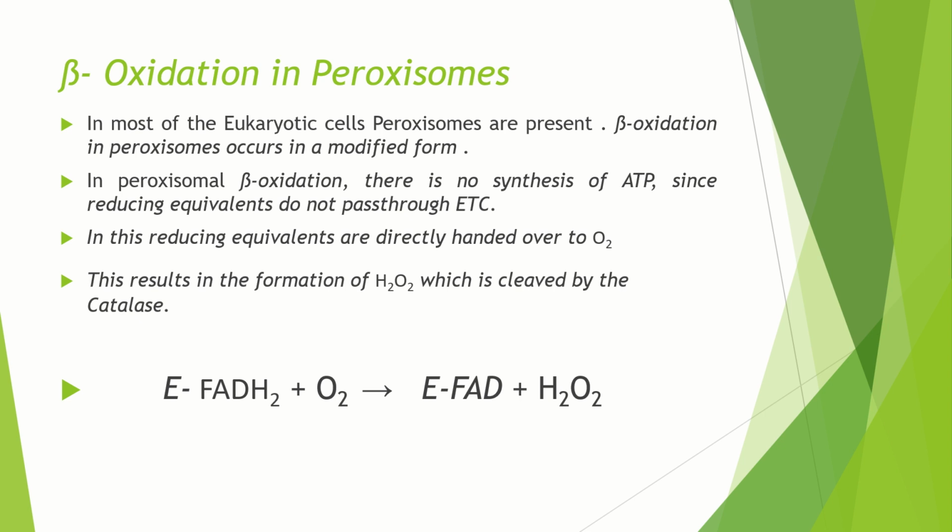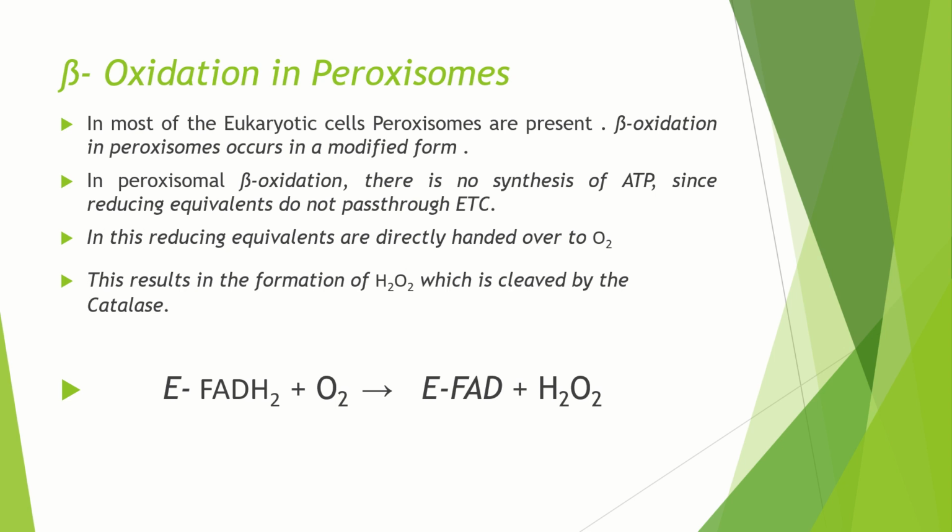Here we won't find any ATP synthesis, because reducing equivalents, whatever are produced, do not pass through the electron transport chain. When the reducing equivalents pass through the electron transport chain, they generate ATP. But here in peroxisomal beta oxidation, they don't pass through the electron transport chain, so there is no ATP synthesis.